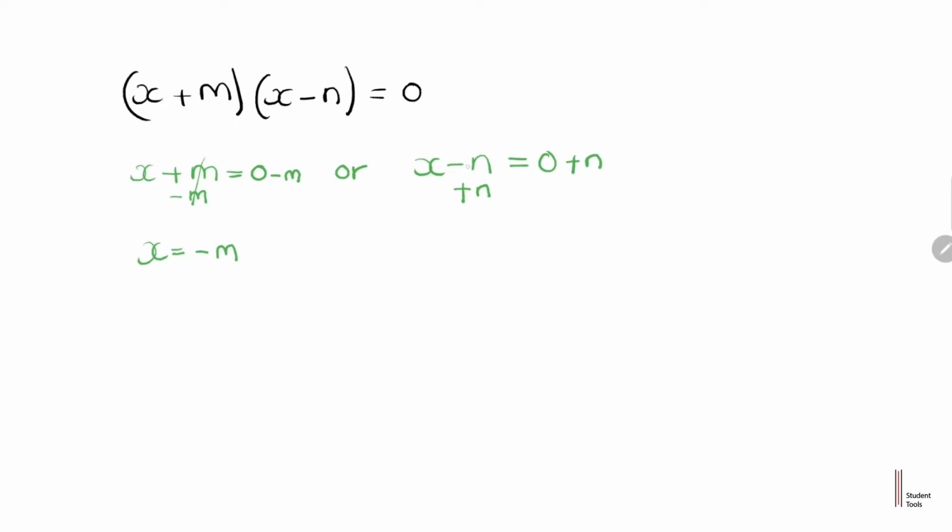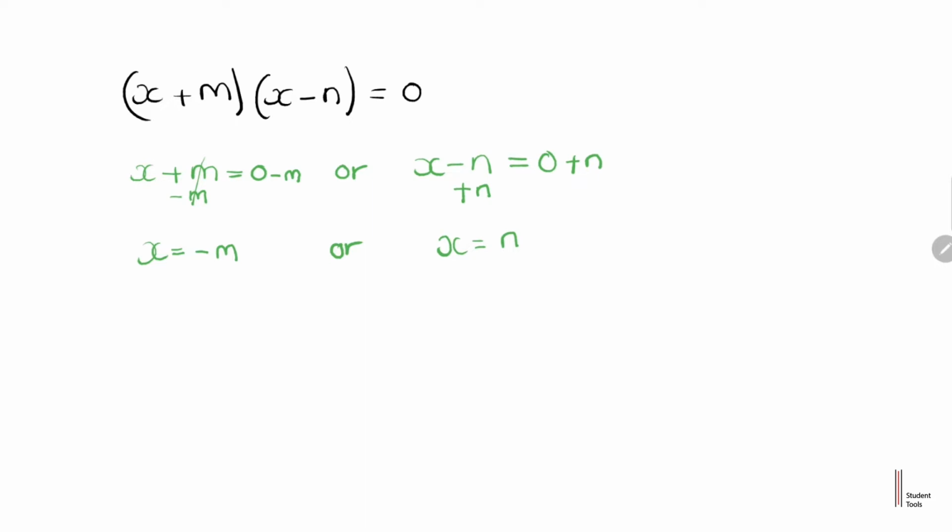So minus n plus n, that's a 0. So x will be equal to 0 plus n, that is a positive n. So x is equal to negative m, or x is equal to a positive n. And that is just how we solve for x in this case.